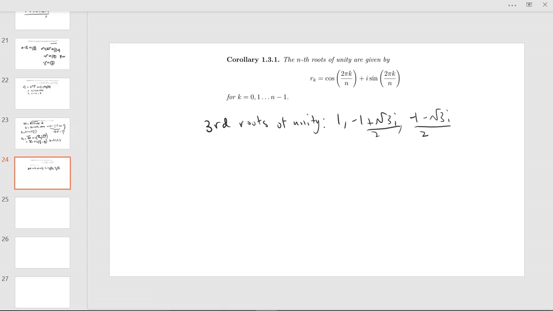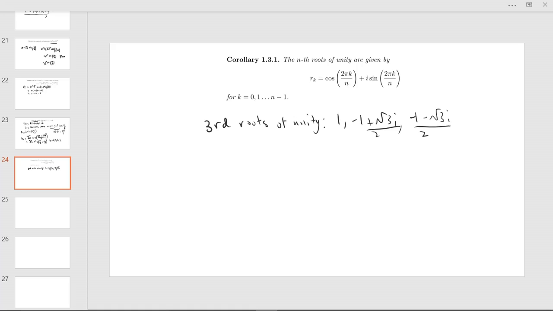And the third roots of unity are important because there are many results that we can prove that can help us in determining the roots of a polynomial or simplifying algebraic expressions.